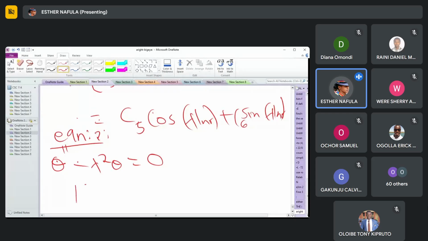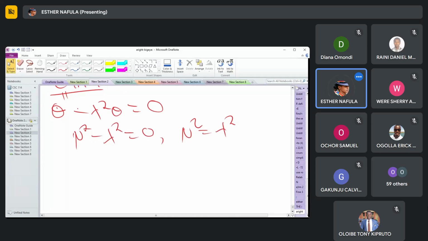The auxiliary equation is mu squared minus lambda squared equals 0. Mu squared equals lambda squared. Mu equals plus or minus lambda. So real distinct.